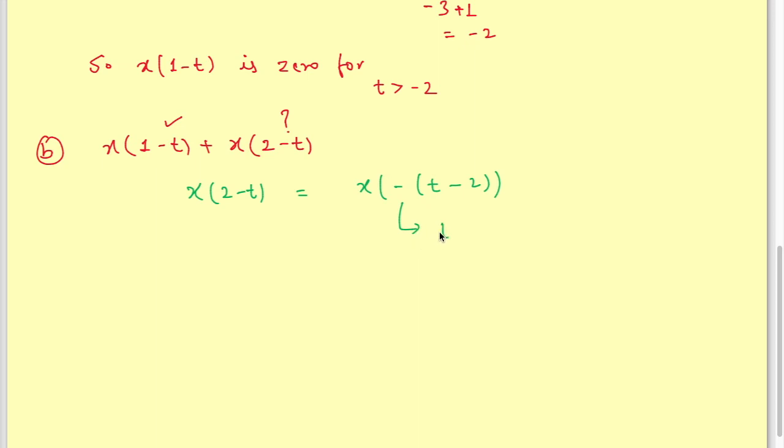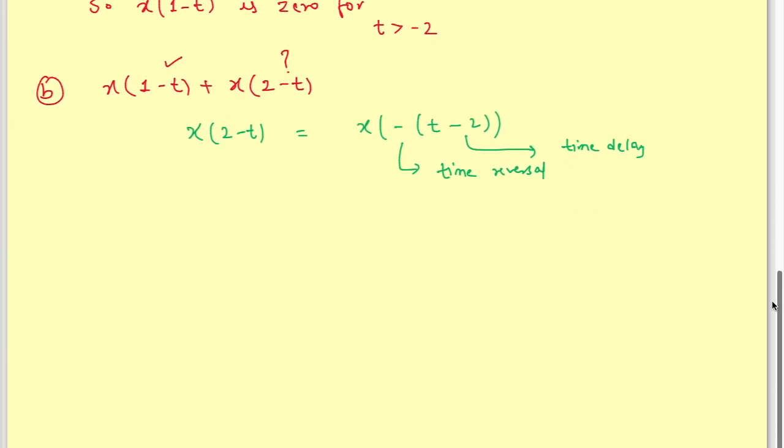Then I have to apply time reversal, then time delay by 2. It will look something like this.